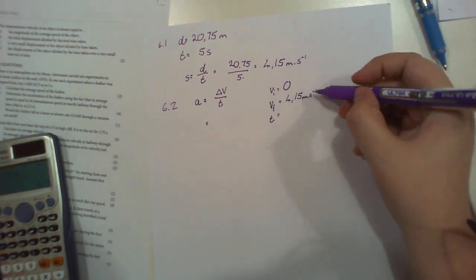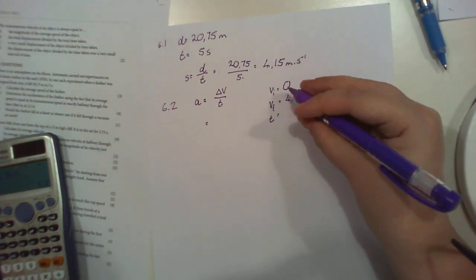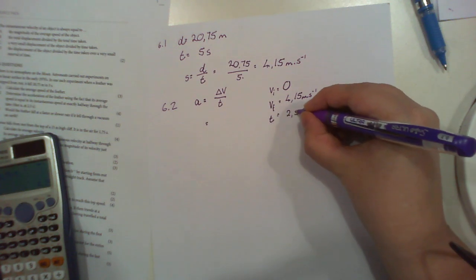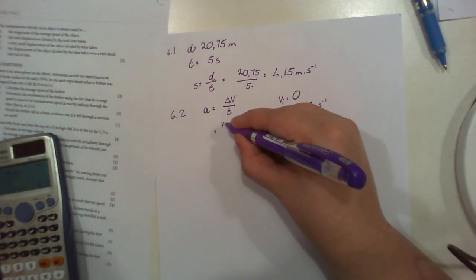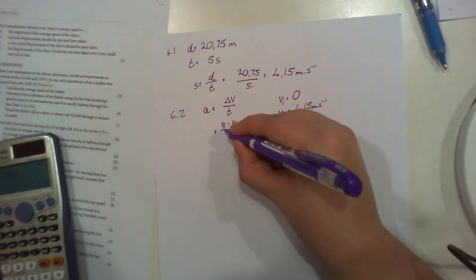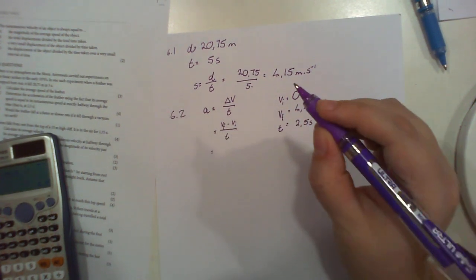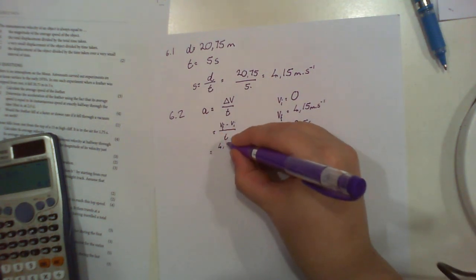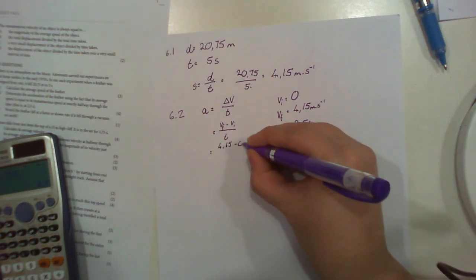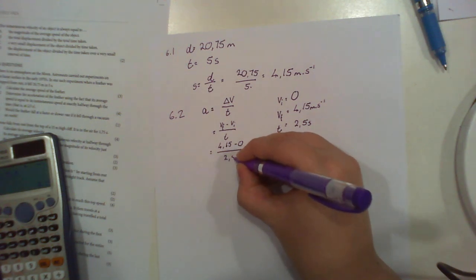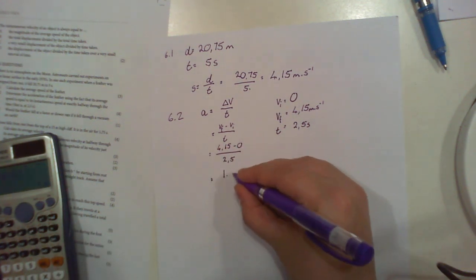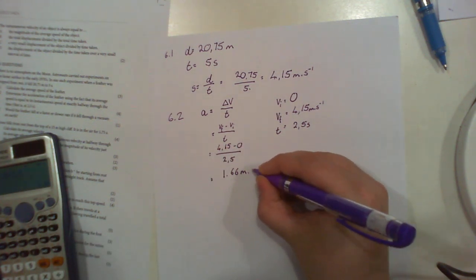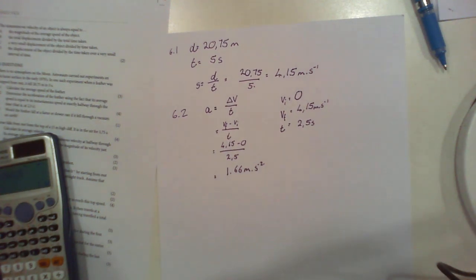We are told that it is exactly that speed at 2.5 seconds. Good? So vf minus vi over t will give us 4.15 minus 0 over 2.5, which will give us 1.66 meters per second per second.